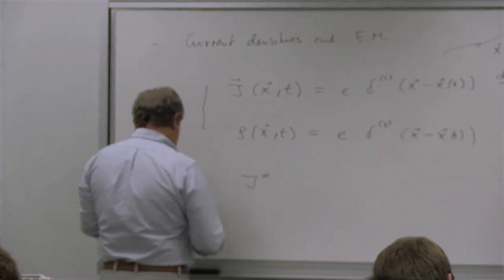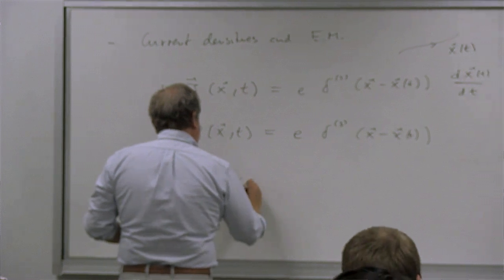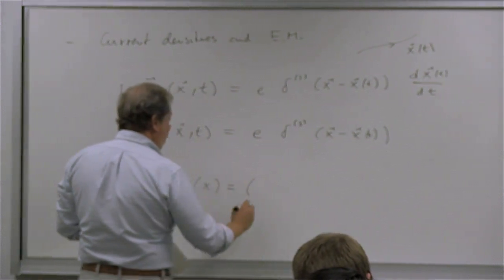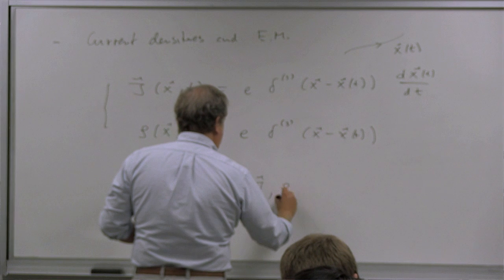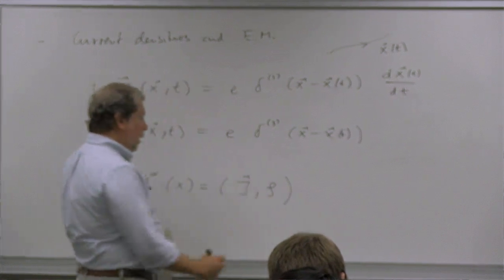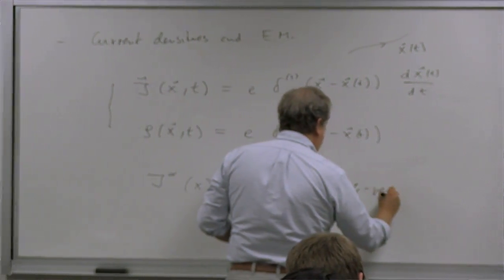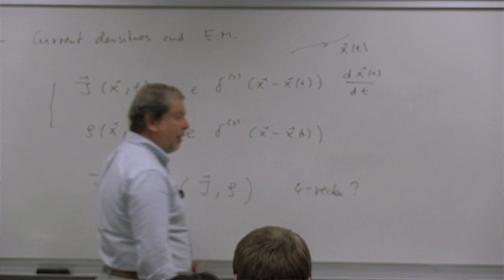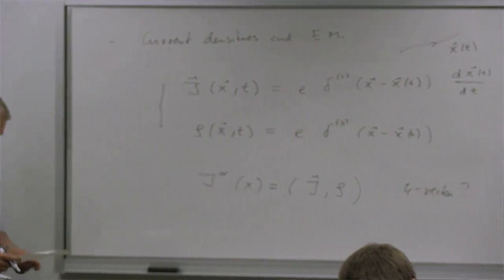J alpha, a J alpha which depends on x, whose components are the J and the rho. And so this is a four-vector, possibly.